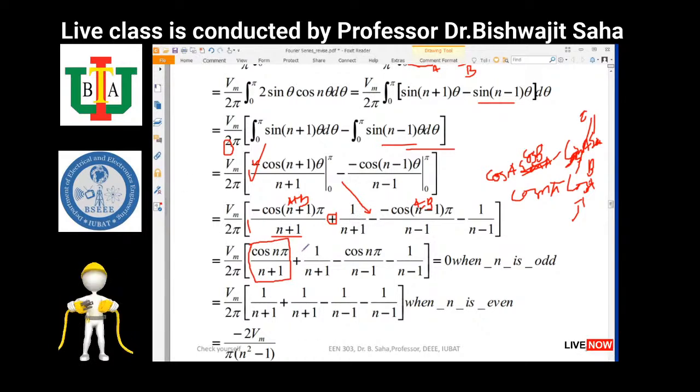So I suggest all of you do this example by yourself. Although it is very long, you have to have patience and confidence that you can do it. Because in case of Fourier series, it is always a long solution. There is no shortcut.